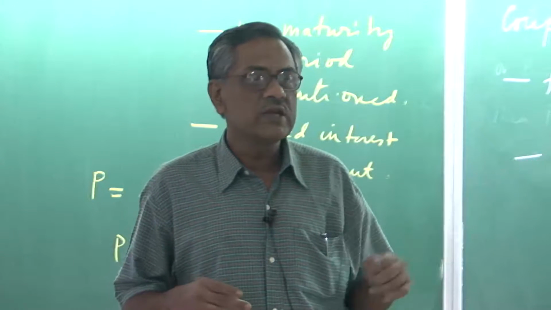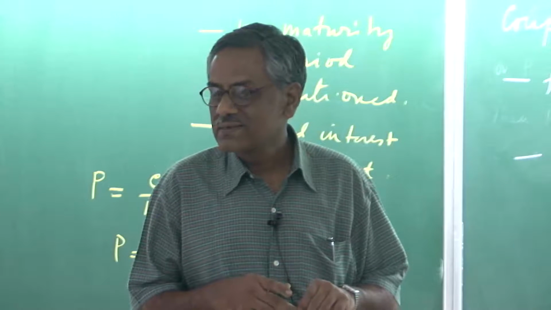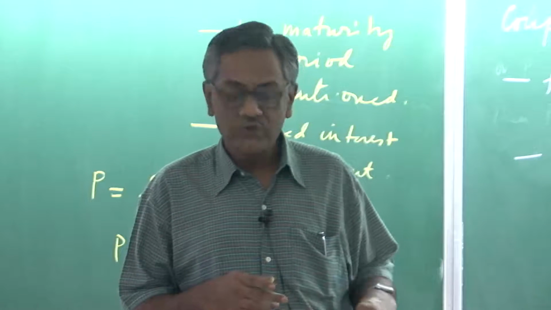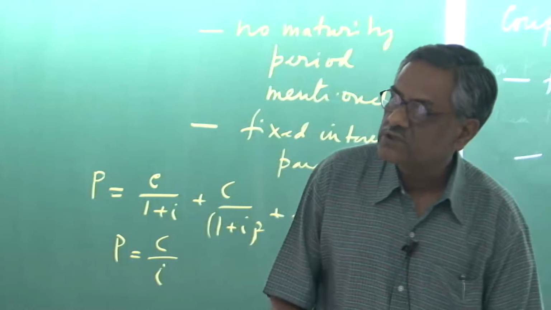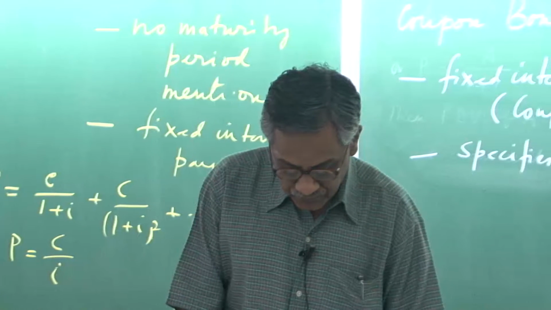Interest income 4.84, 7% is inflation, so the real return is negative. Nothing. So console I first read in the context of the English economy. They issued some console government.